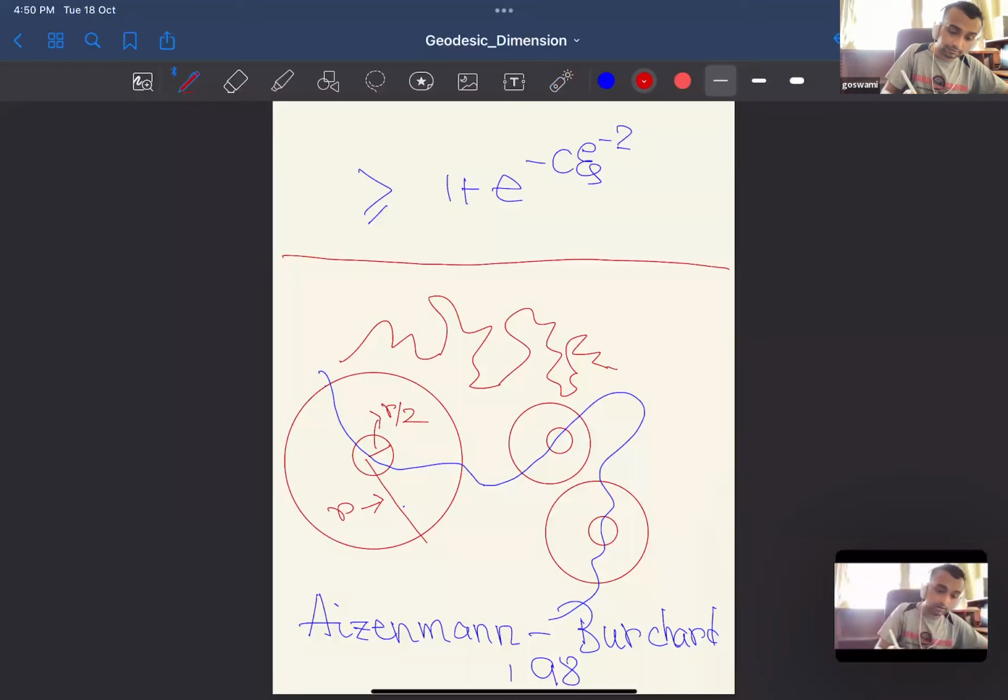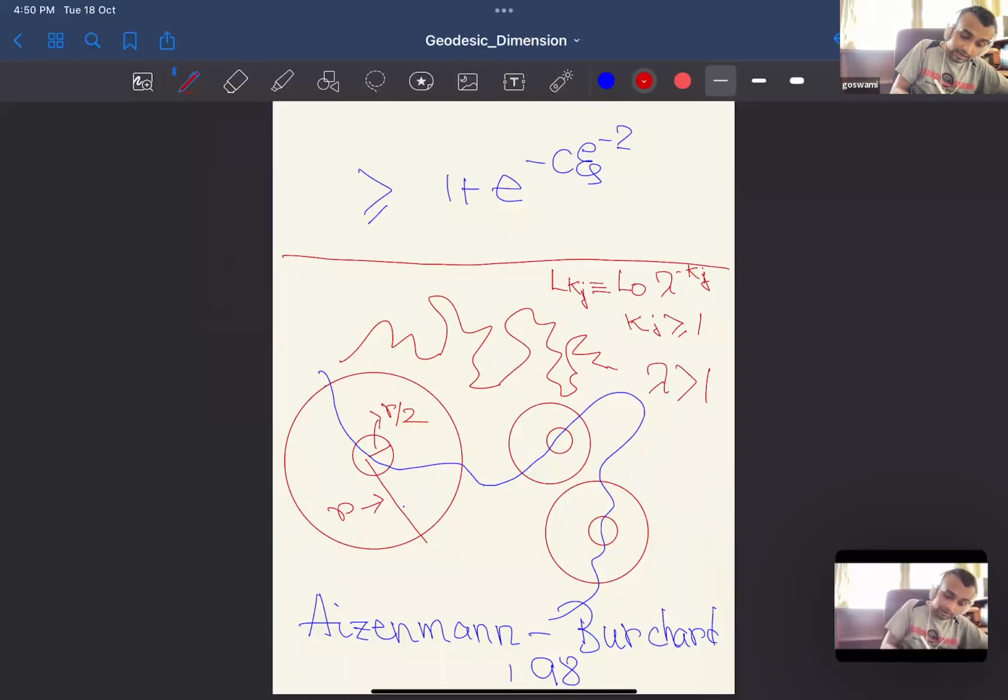So if you have scales indexed by positive integers, let's say L_{K_j}, which is L_0 to the power lambda to the power minus K_j, where the K_j are positive integers and lambda is bigger than 1. So roughly you have separate scales, K_0 less than K_1 less than K_2, which don't have to be consecutive.